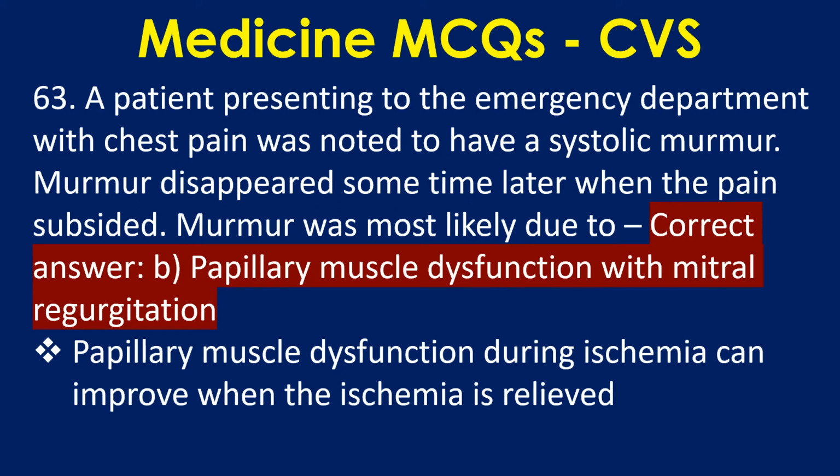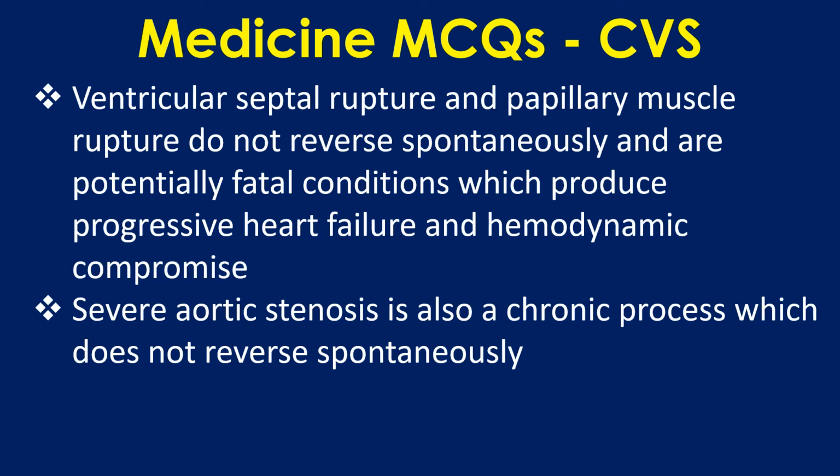Papillary muscle dysfunction during ischemia can improve when the ischemia is relieved. Ventricular septal rupture and papillary muscle rupture do not reverse spontaneously and are potentially fatal conditions which produce progressive heart failure and hemodynamic compromise. Severe aortic stenosis is also a chronic process which does not reverse spontaneously.